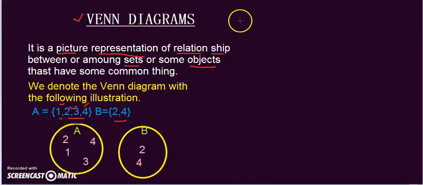So our set A is equal to, what is the set A? The elements 1, 2, 3 and 4.